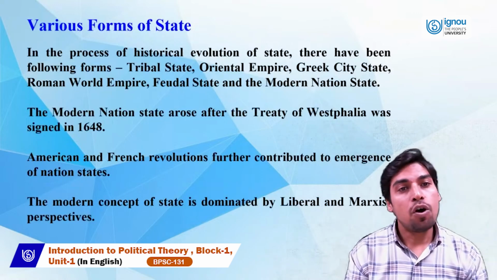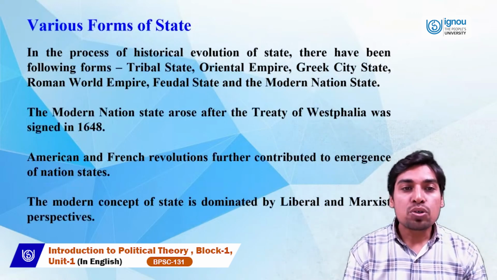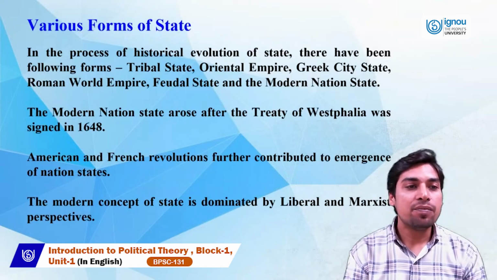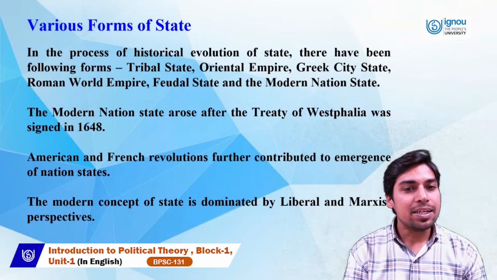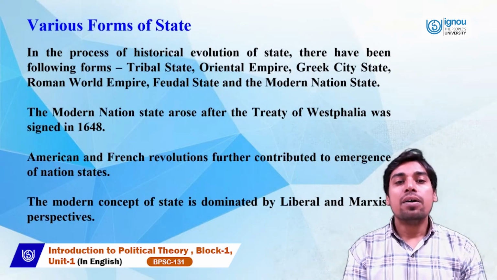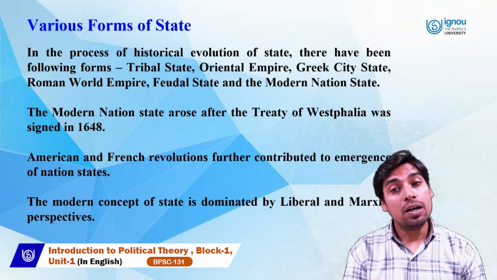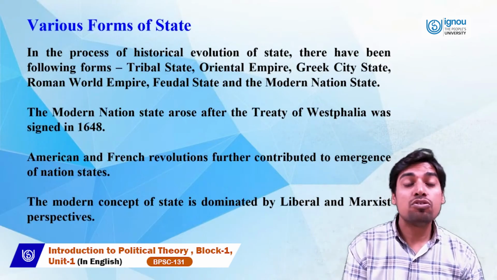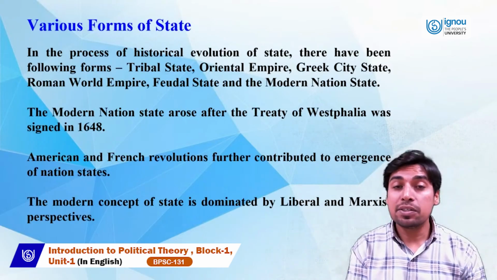Now, various forms of state. In the process of historical evolution of the state, there have been the following forms: tribal state, Oriental Empire, Greek city state, Roman world empire, feudal state, and the modern nation state. Mainly the modern nation state. This is the evolution of the state, the various forms of state.